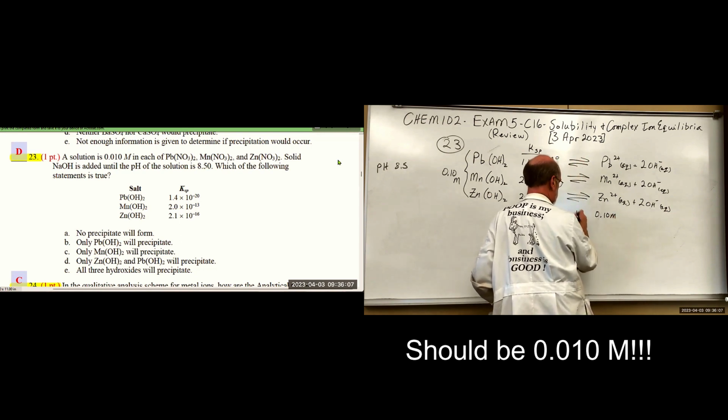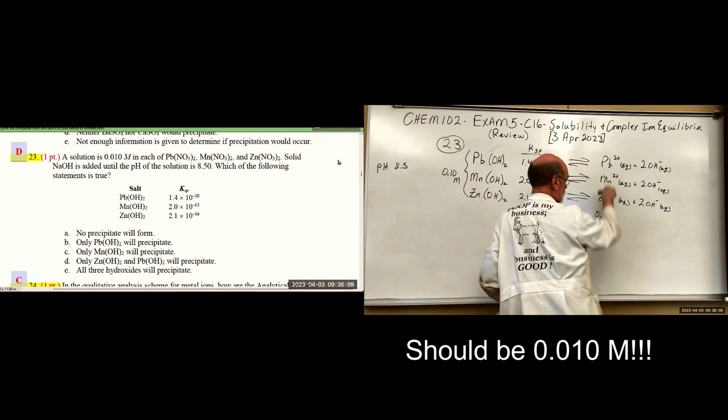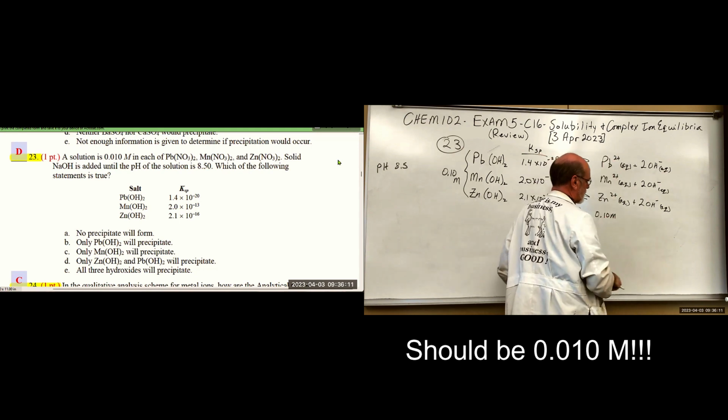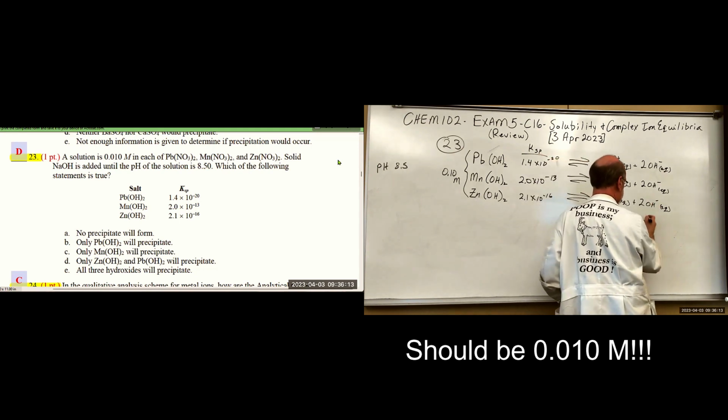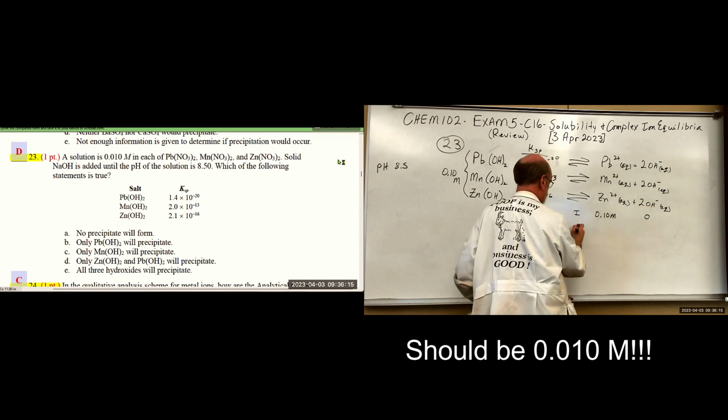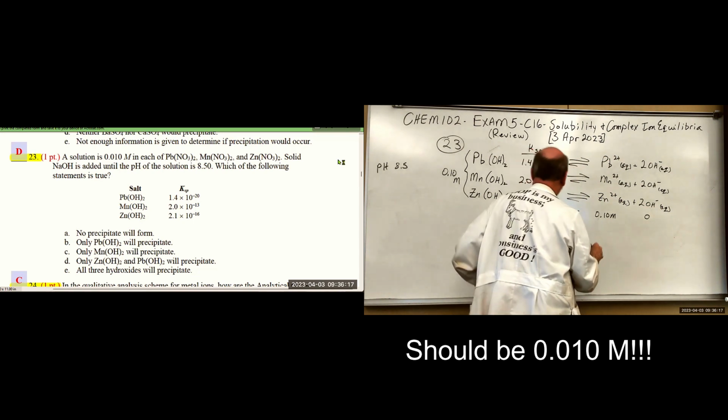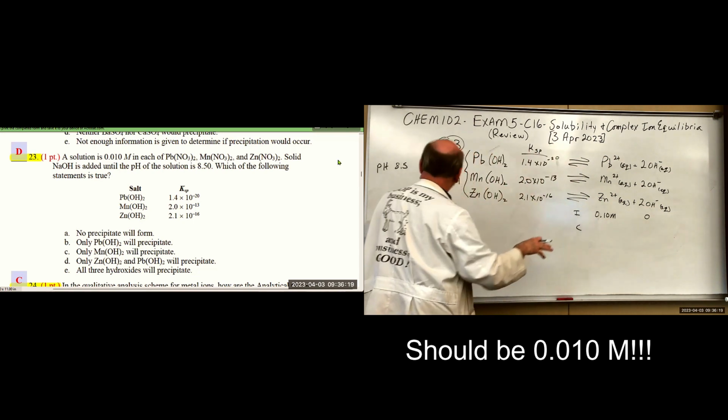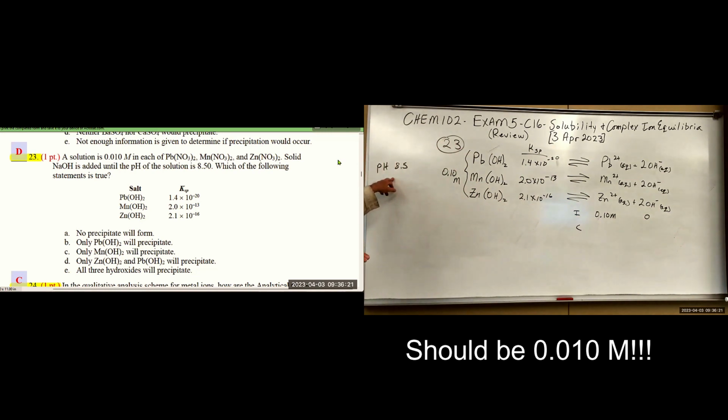Right? That's your initial concentration for each one of these. What we don't know is this one, right? It starts off at 0. So the reaction is going to go to the right. And am I barking up a wrong tree again? I hate when that happens.